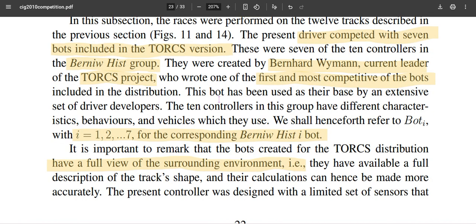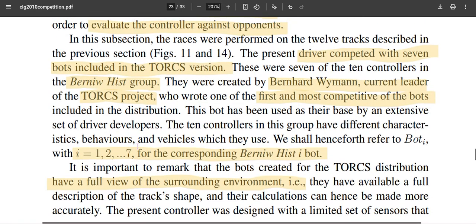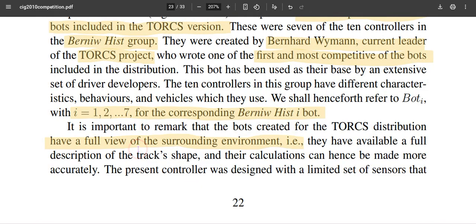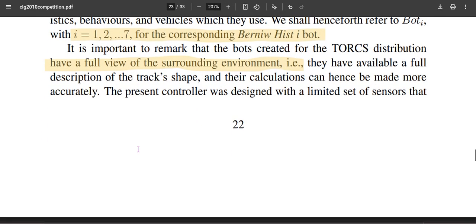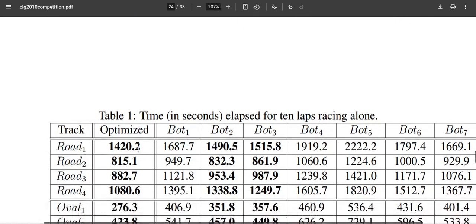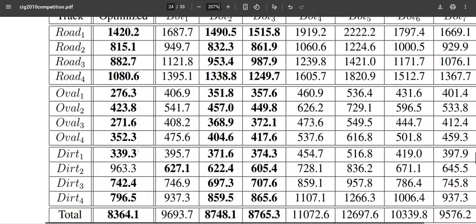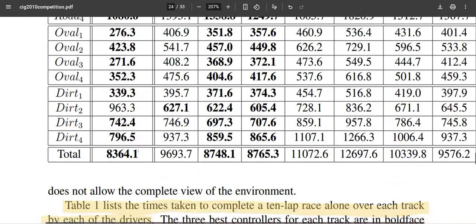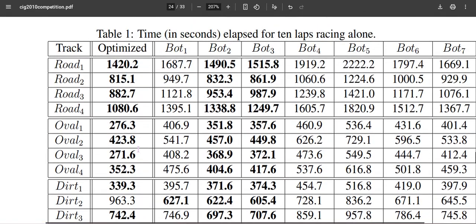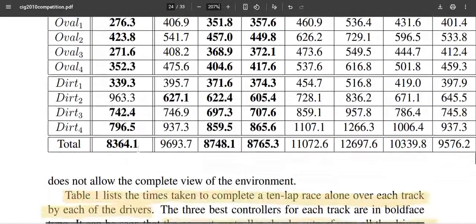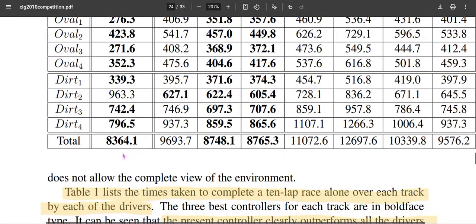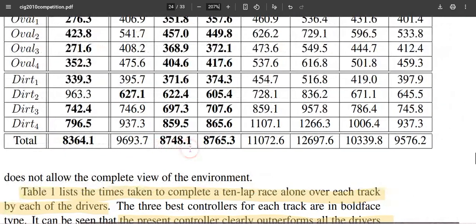Those default bots were picked from 1 to 7, and Autopia competed with them in open race conditions, and also with opponents together. In open race conditions, 12 tracks were tested, and the time taken in seconds was compared to the other models. The least one is the best one.